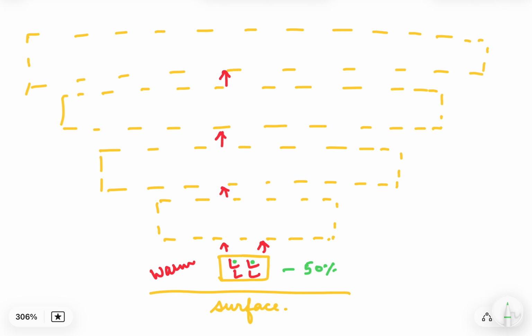And now consider the temperature at the surface is 40 degrees. As it moves up, the air parcel has a temperature of 40 degrees. So now this whole air parcel will have the 40 degree temperature.